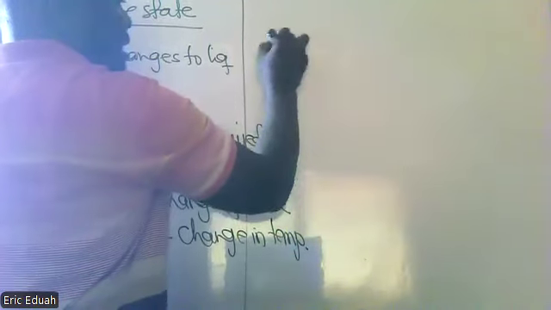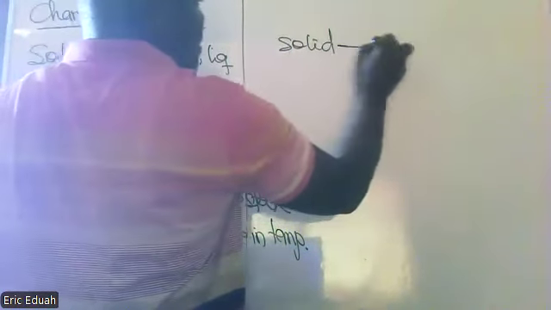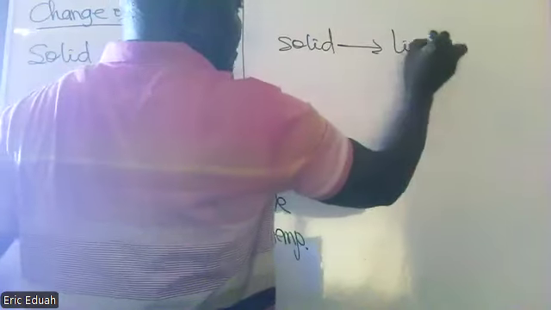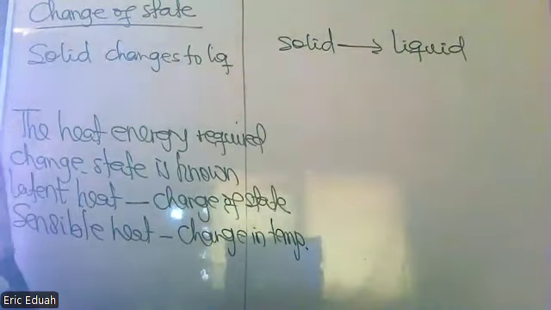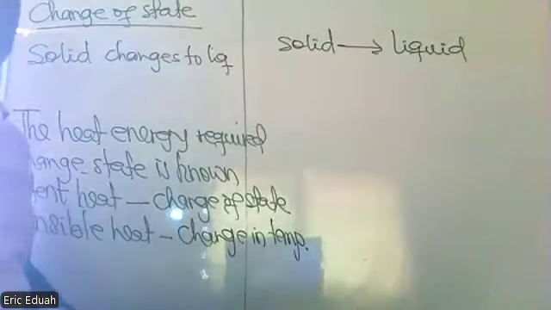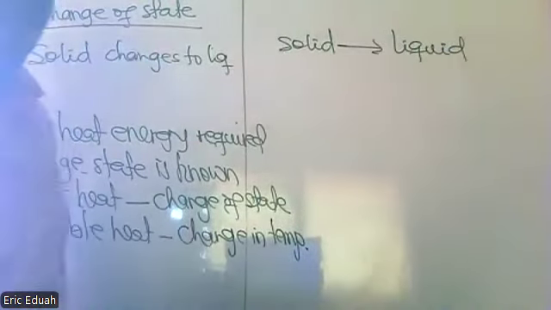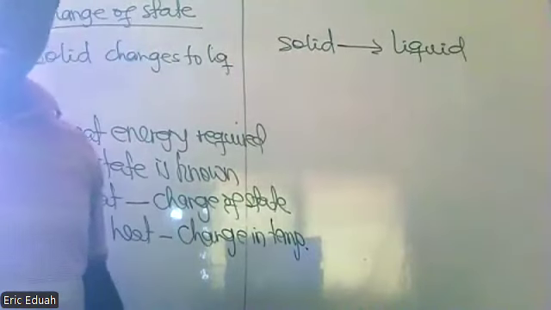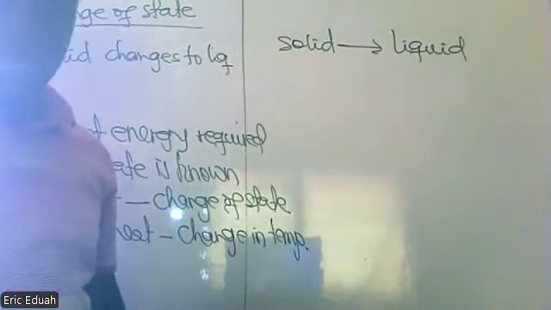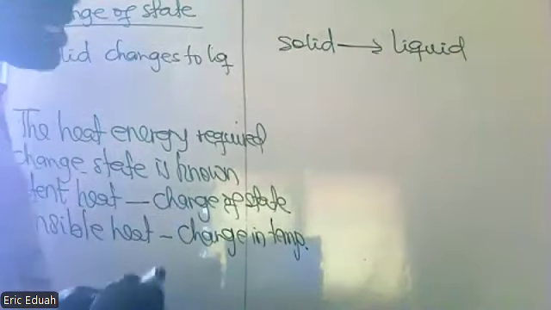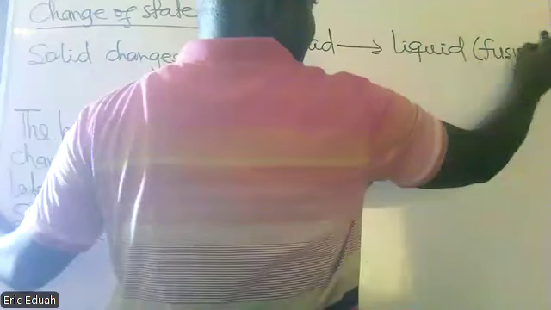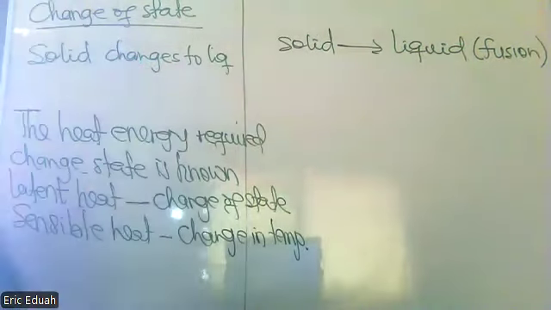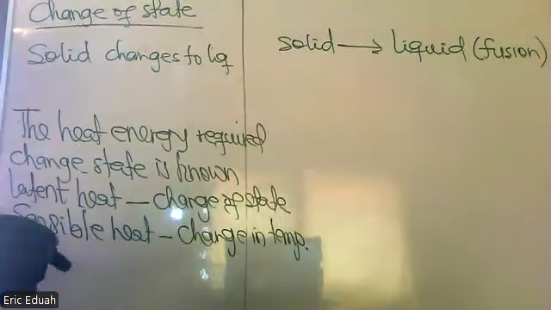When we have solid changing to liquid, this is termed as melting. So melting is a process whereby solid changes state to liquid. Technically, melting is also known as fusion.